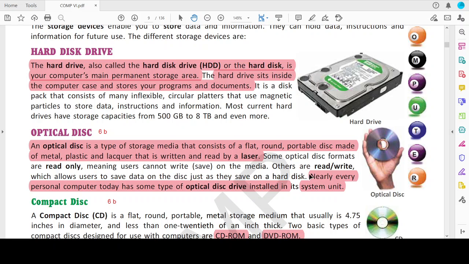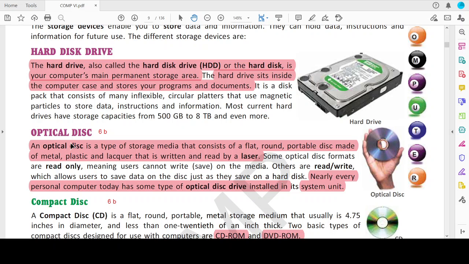So generally it is there in the system unit of the computer, and you can use a CD or a DVD in that drive to read the compact disc or DVD.